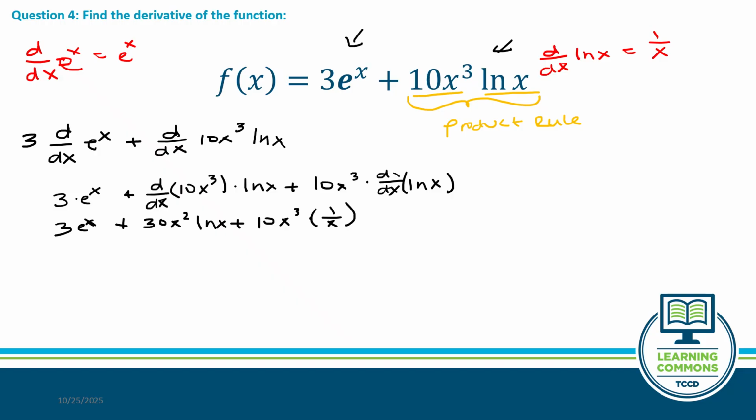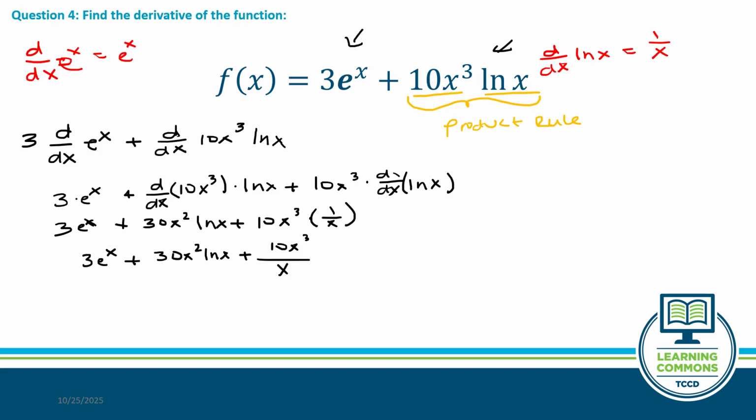If I want to make this a little bit nicer to look at, 3 e to the x plus 30x squared ln x plus 10x cubed over x.